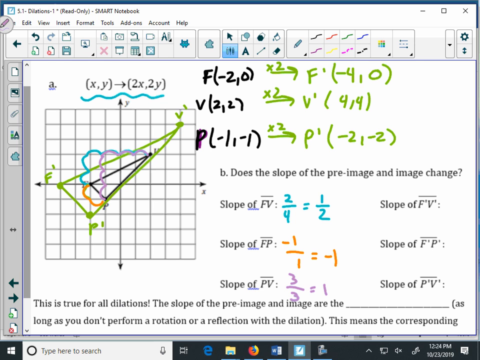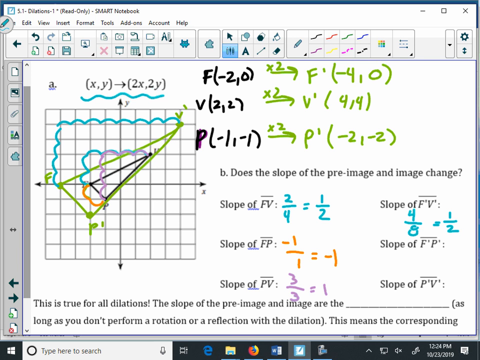So now we're going to find the slope of our image, our answer. So let's find the slope of F prime, V prime. Well, I went up. How far up did we go? 4. How far over did we go? 8. What does 4 over 8 simplify down to? 1/2.